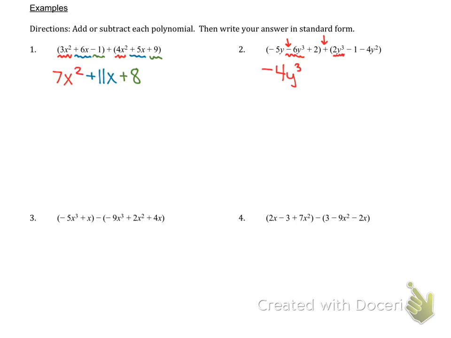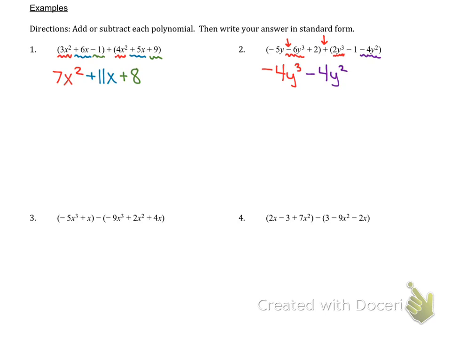Now I'm going to look for my next biggest degree, which is this negative 4y squared. There's nothing else that has a y squared in it, so I'm going to write that next. There's nothing combined with it. Negative 4y squared.